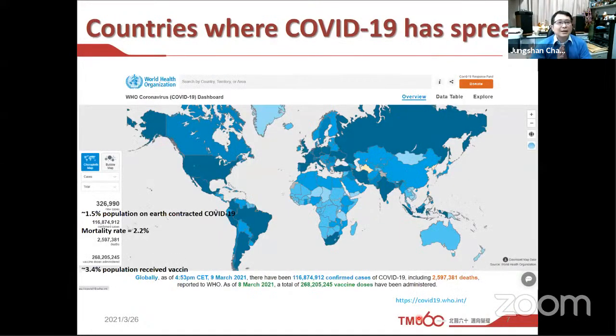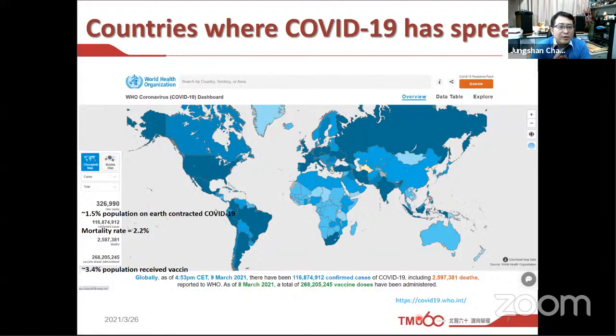The data released by WHO derives from March 9. Almost 1,600 cases were reported suffering from this disease, and among them 2.6 million people died on that date.